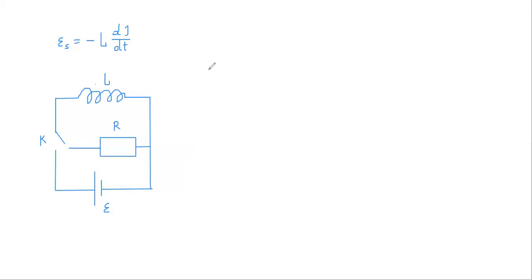It happens because when electric current changes in time, electromotive force of self-induction occurs in the circuit, and the electromotive force of self-induction, according to Lenz's rule, tries to prevent the change in electric current.